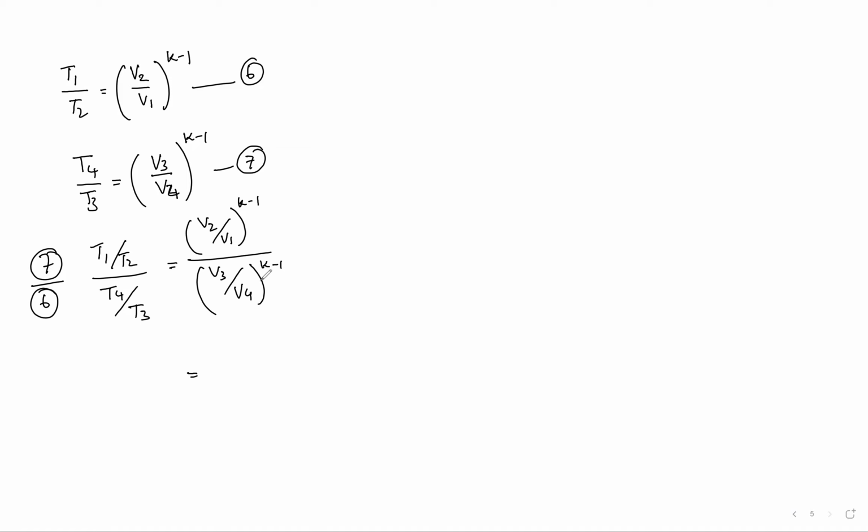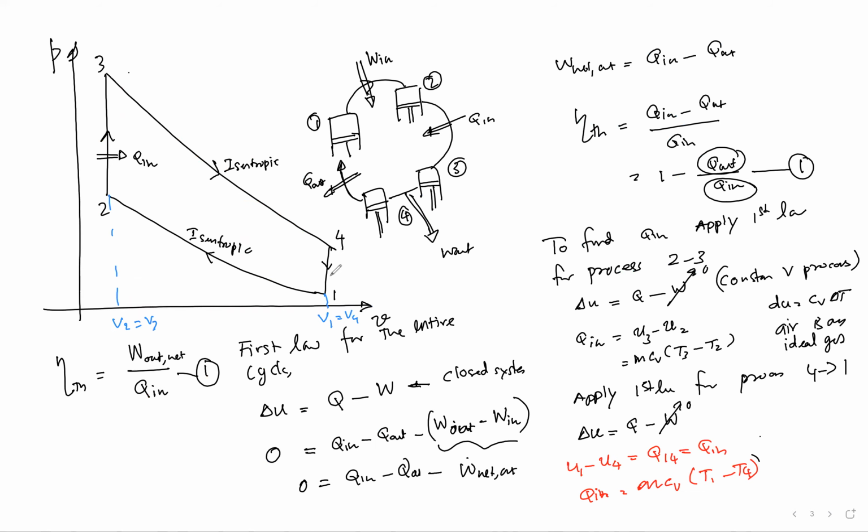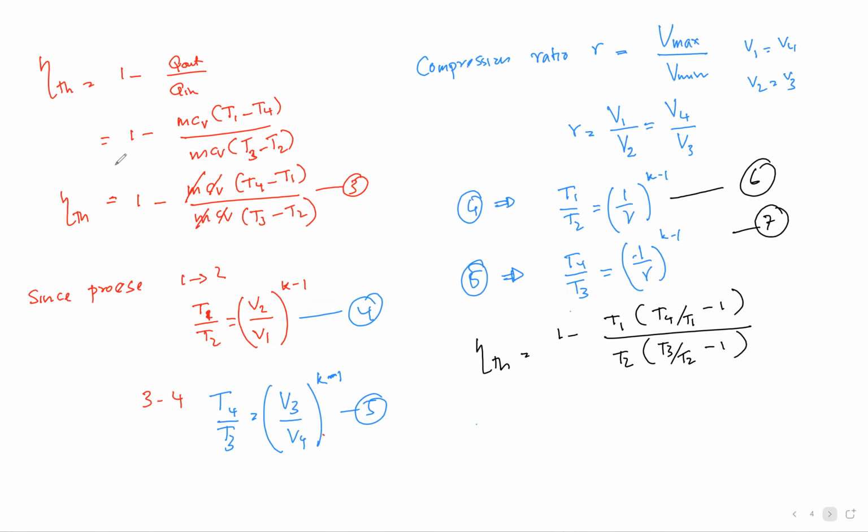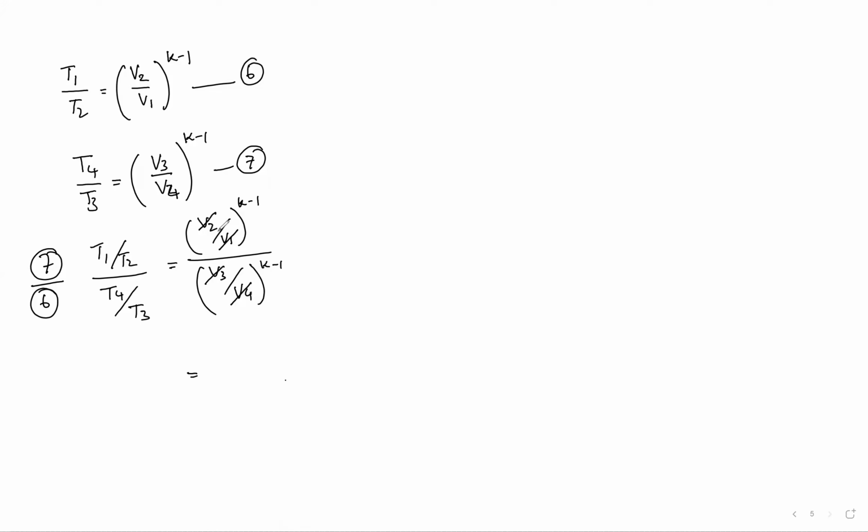We know that V1 is equal to V4, so these cancel. And V3 is equal to V2. From the diagram, you can see that V1 equals V4 and V2 equals V3, so we can cancel those and that's equal to 1.